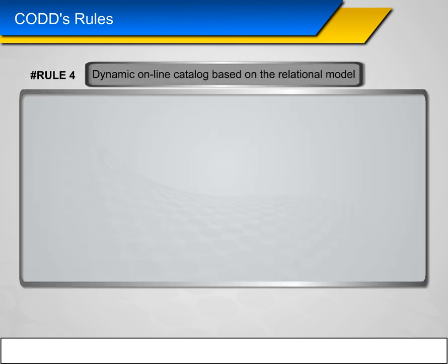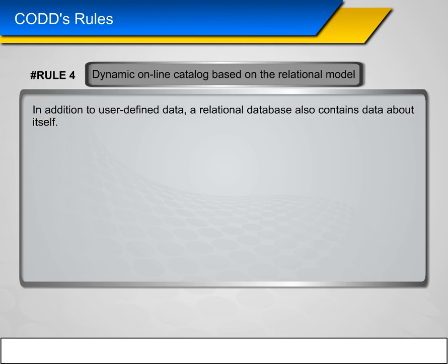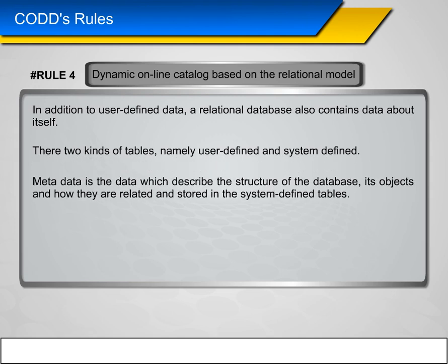Rule 4, Dynamic Online Catalog based on the relational model. In addition to user-defined data, a relational database also contains data about itself. There are two kinds of tables, namely user-defined and system-defined.